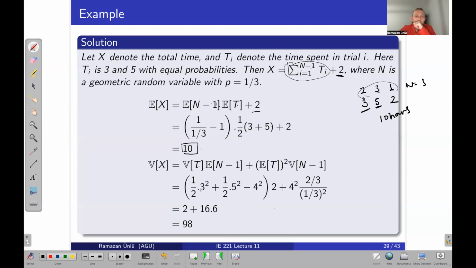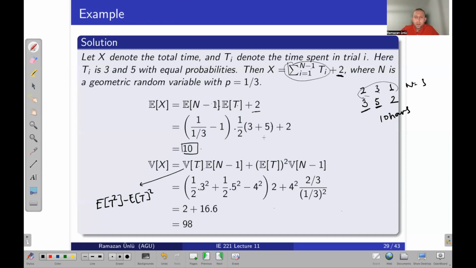So what is the variance of t? To calculate the variance of t, I can make this calculation: the expected value of t squared minus the square of the expected value of t. Let's first calculate the expected value of t squared.